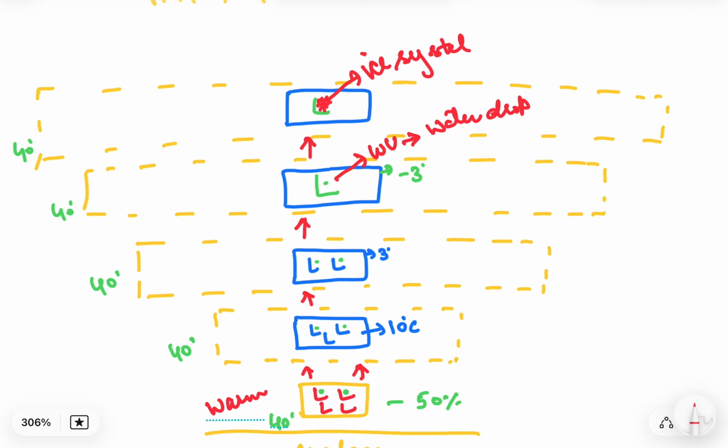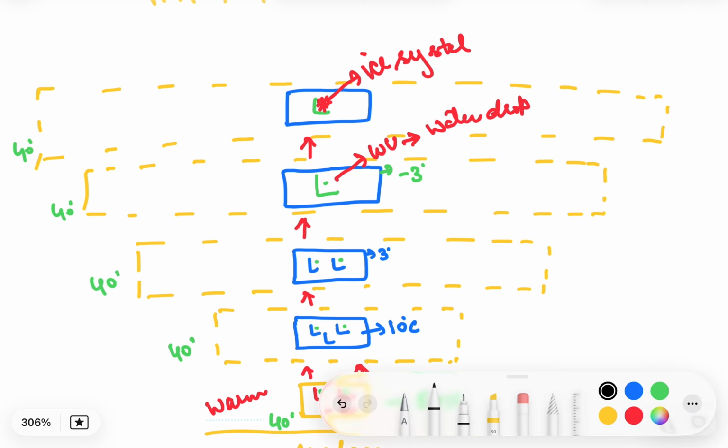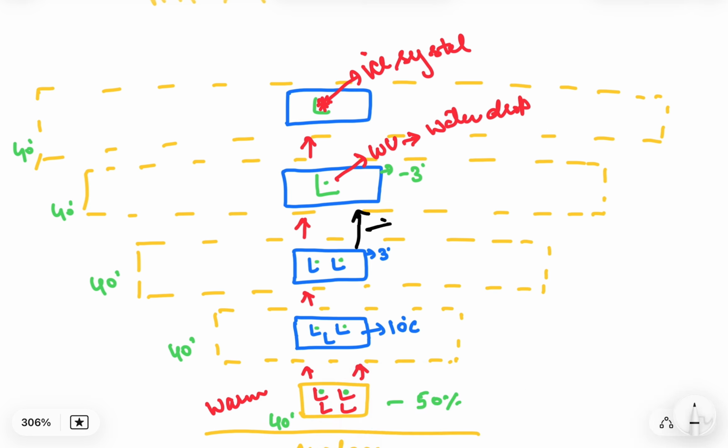And the water vapor will convert into the water drop. That is, this process is known as condensation. That is the level of condensation, that is cloud will form.